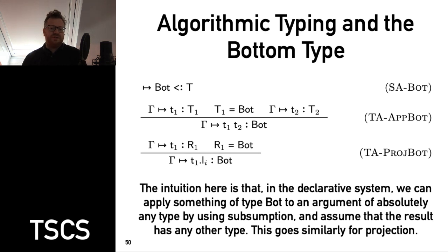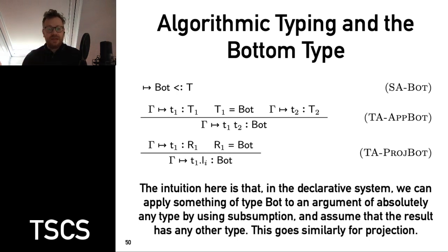And similarly goes this for projection, as we just explained. So this is again just the application rules, the same thing as we had in the declarative rules, but not in a separate rule, just pushed into all of the cases of applications, so that we are syntax guided again.